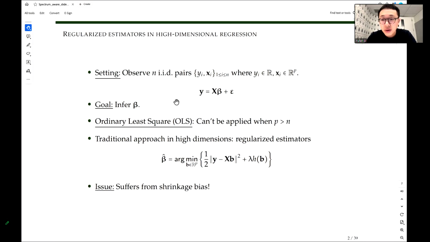The problem we are interested in is a very simple and fundamental problem. It's actually just linear regression. Basically, we have some observations, the design matrix X and the hidden signal beta, and also we observe the response Y. So the idea is we want to do inference on beta.